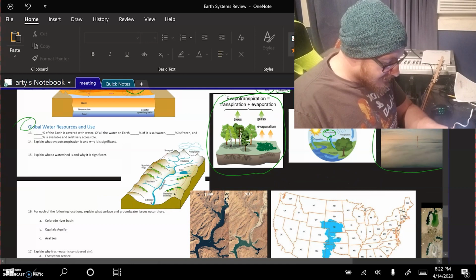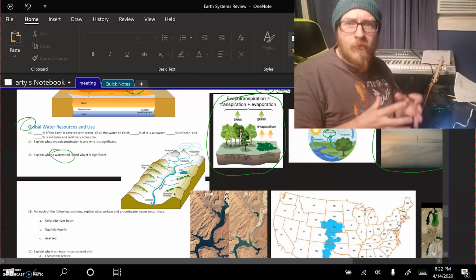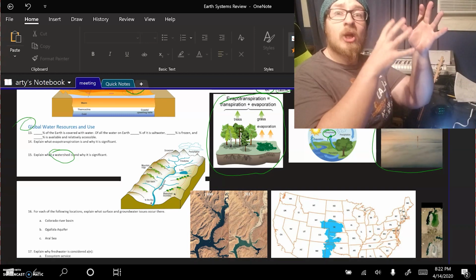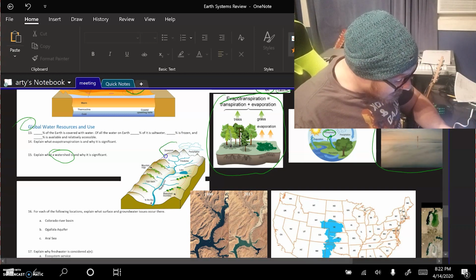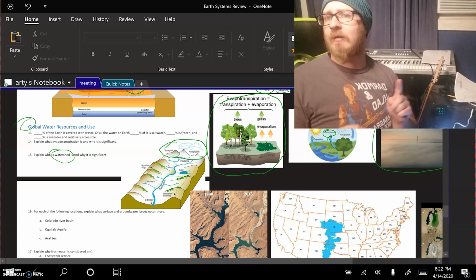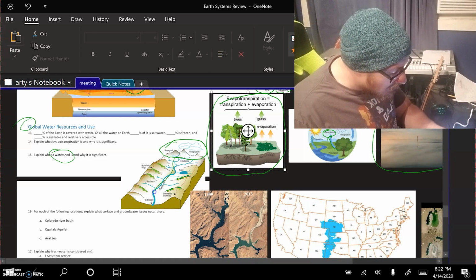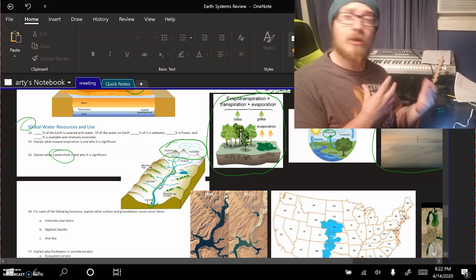Let's look at watersheds. A watershed is all the movement of water in an area. It's the geography of the land that causes a flow of water. Most watersheds will begin at mountains, where there is snowpack and rain, and it'll include everything all the way down to where that water empties, usually into an ocean.